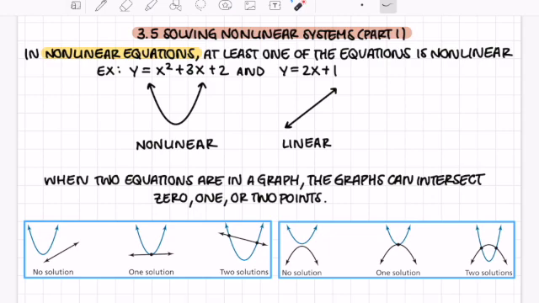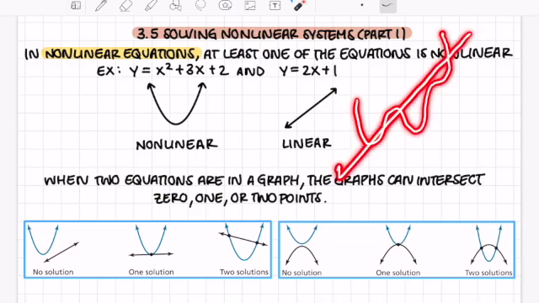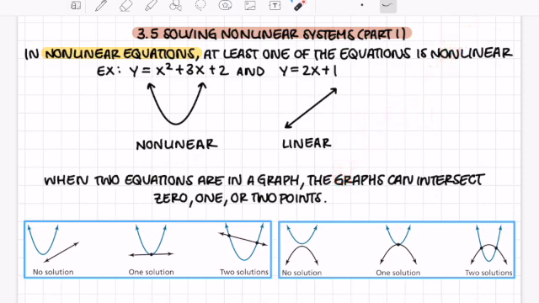You can't get 3. If you had 3, it would have to be a graph that looks more like this, and then you have a line going through it to get 1, 2, 3 points. But because there's only one hump being shown, you're only going to get 2 points at most, which also means that you would only get 2 solutions.